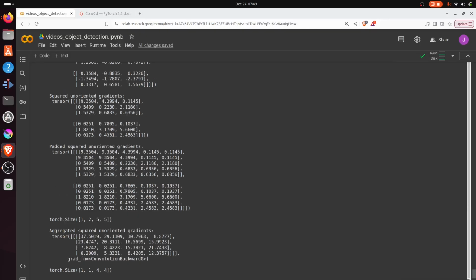Right, let's see. So you see we went from a tensor that has a 4D shape of 1, 2, 5, 5 to just a 1, 1, 4, 4.